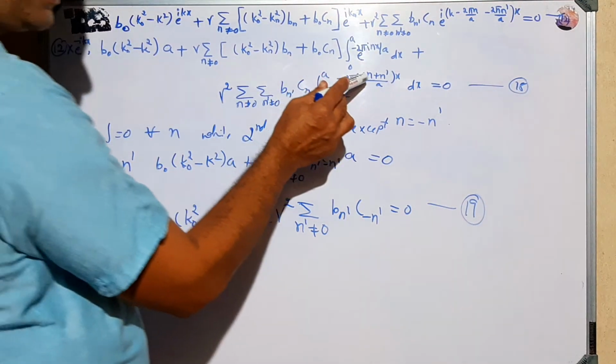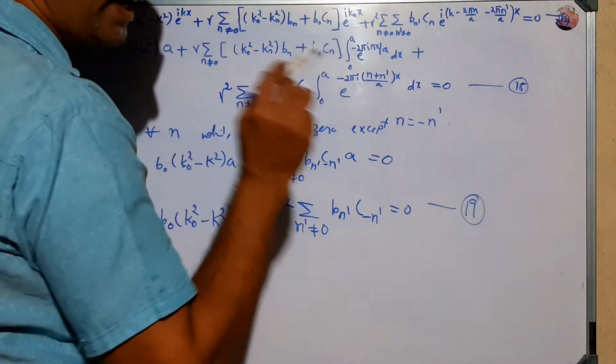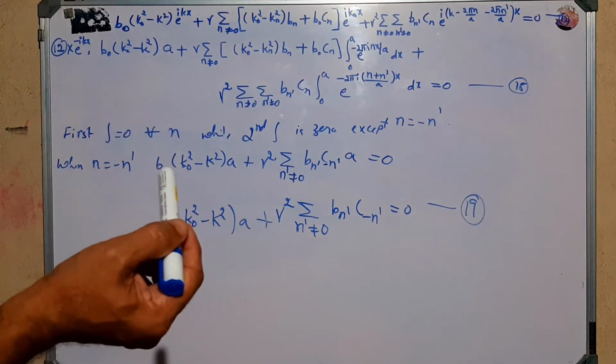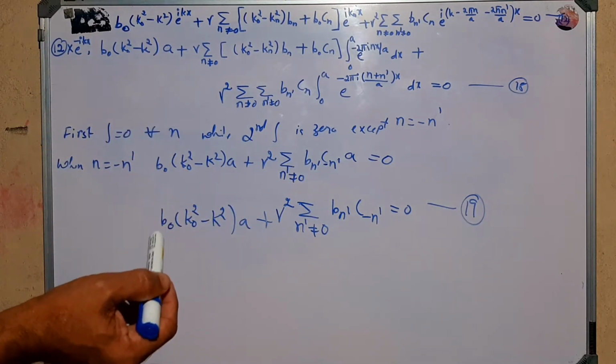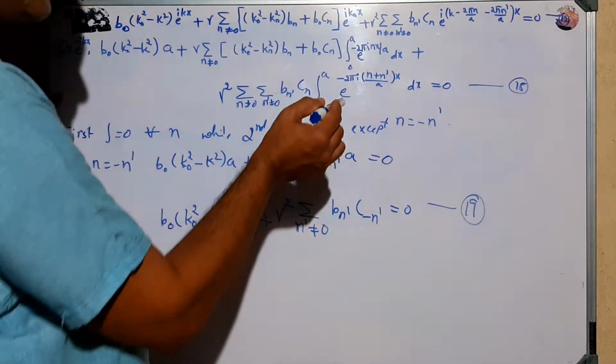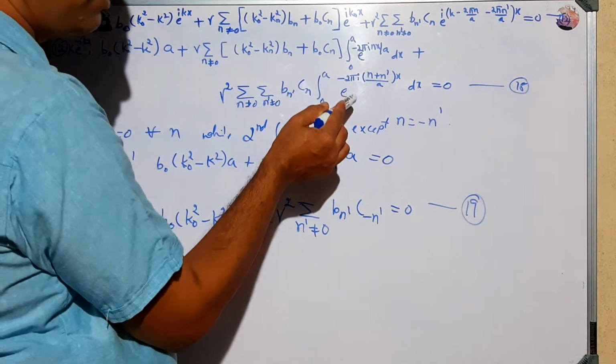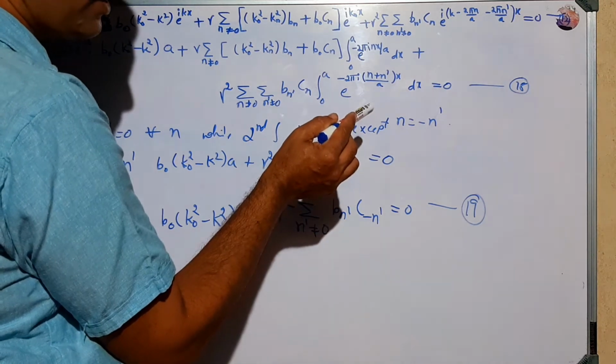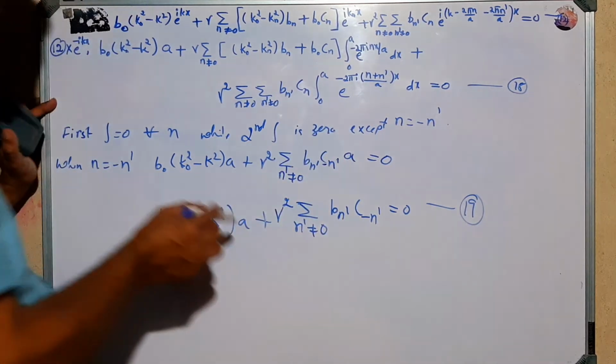Similarly, since n is an integer, n dash is also an integer. Therefore, n plus n dash is also an integer. Right? So therefore, you can say that e to the power minus 2 pi i n plus n dash by a x dx is equal to 0.